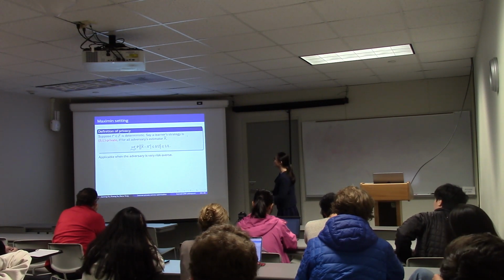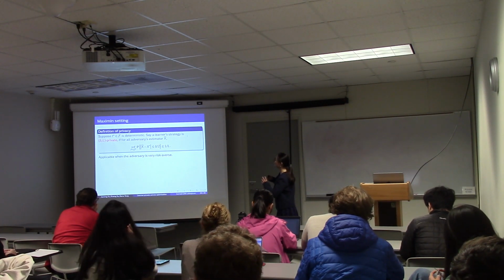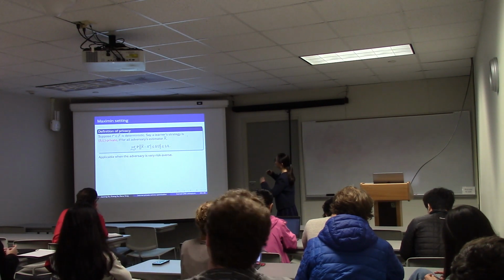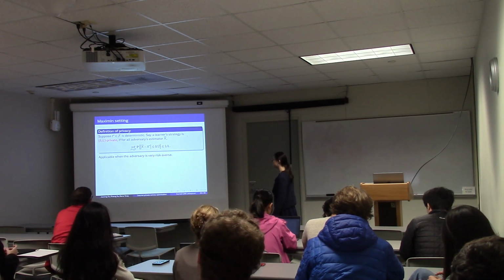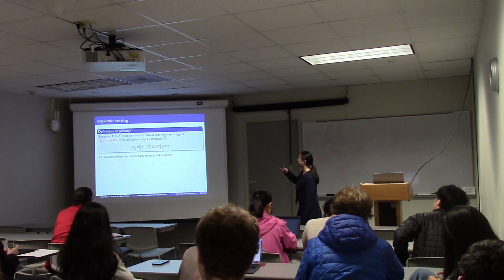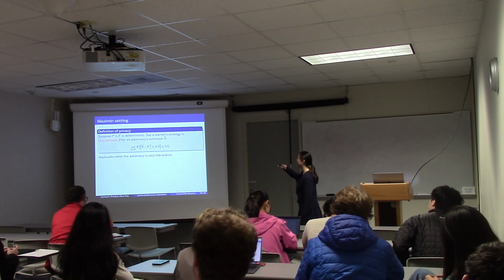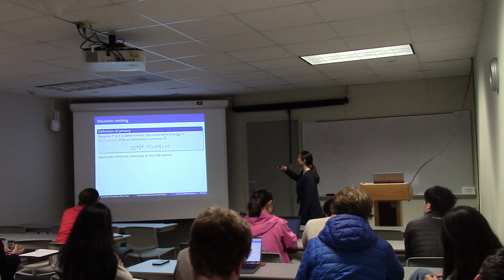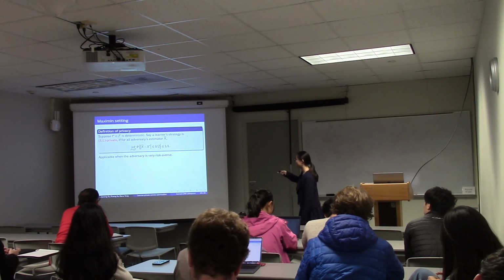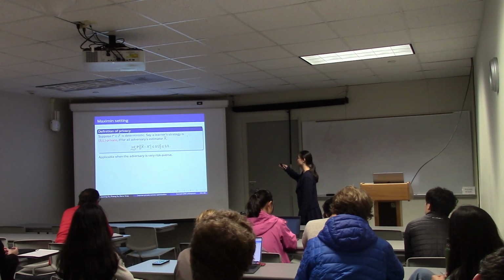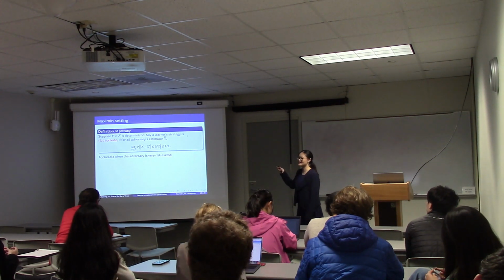There is another notion of privacy where the unknown convex function is deterministic, and basically the difference is that instead of wanting the adversary to succeed in an average sense for X star, here we require the adversary to succeed in a minimax sense.